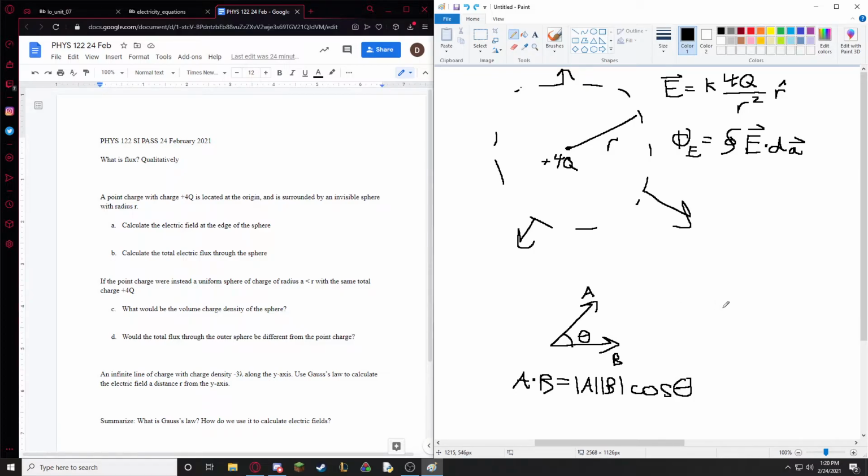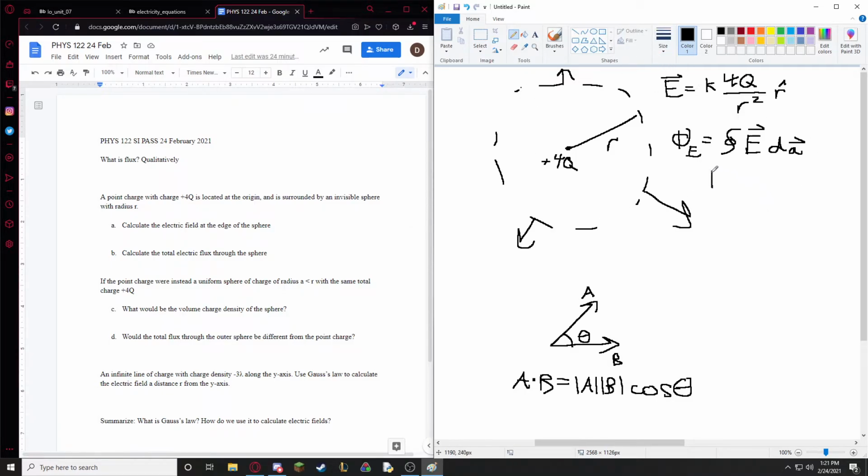So what's the cosine of 0? That's one. Yep, exactly. So we can just get rid of the dot product. So it's just E times dA. Now there's one more thing we can do. We can pull one of these two out of the integral, right? Our electric field is constant at our surface, right?